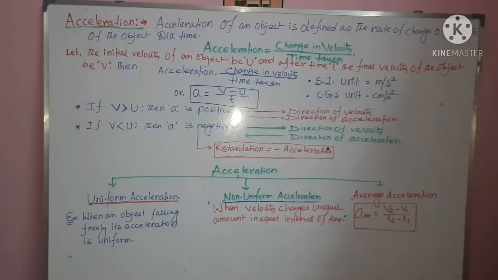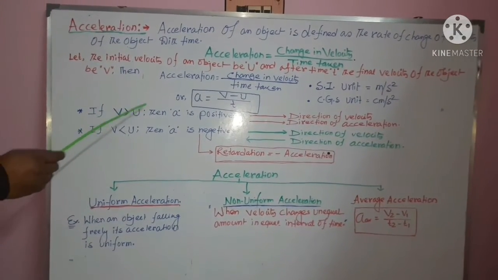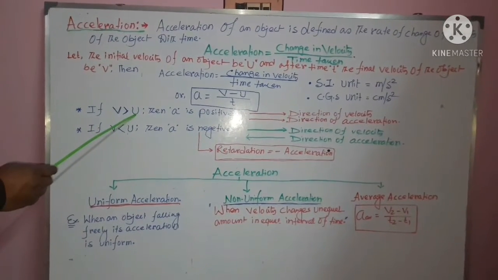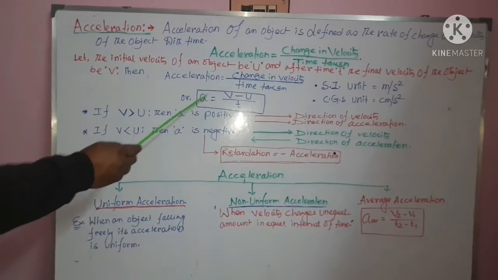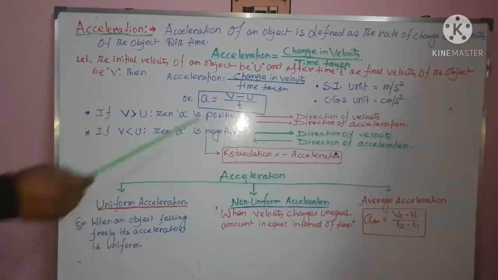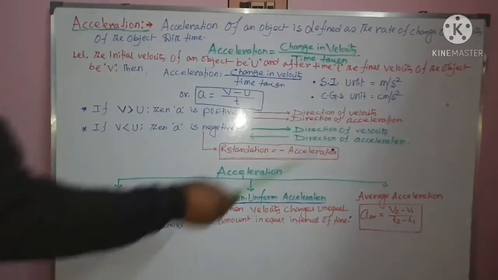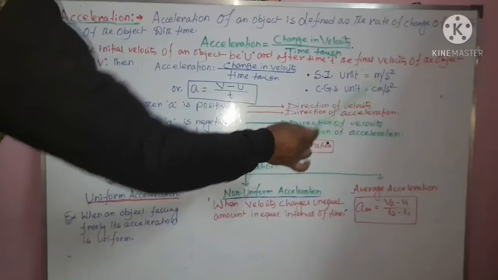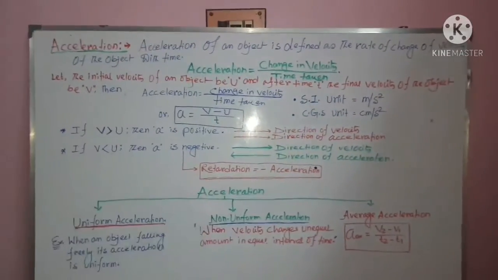See very carefully. If v is greater than u, meaning final velocity is greater than initial velocity, then from this equation you can say a is positive, meaning acceleration is positive. In this situation, the direction of velocity and the direction of acceleration are the same.